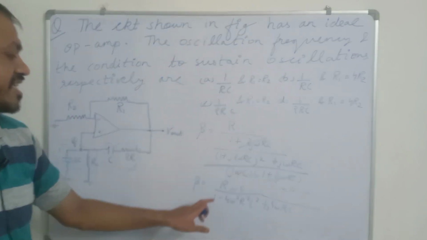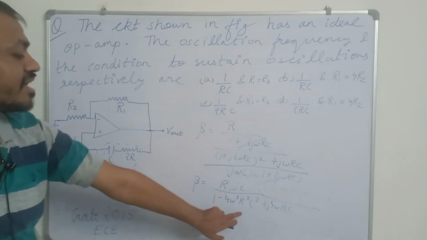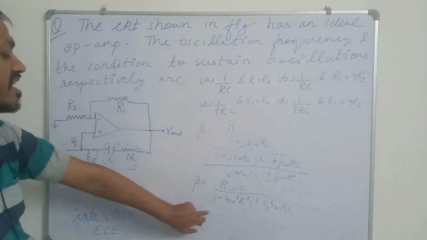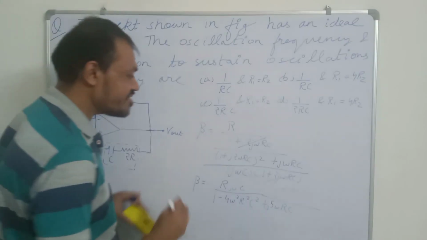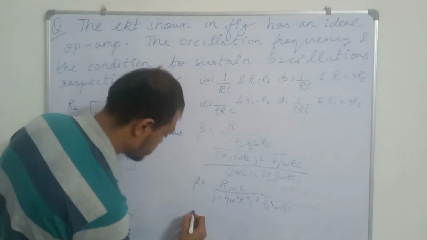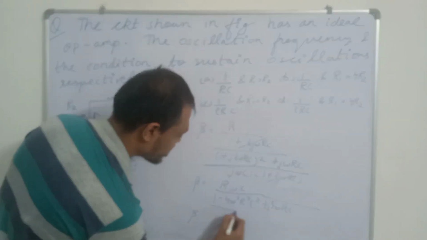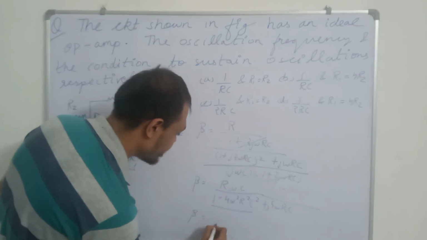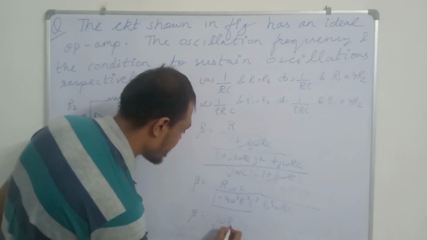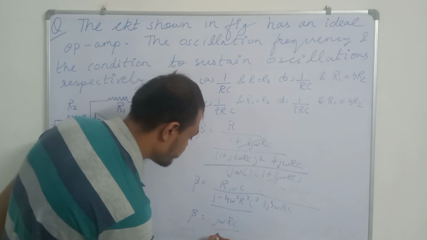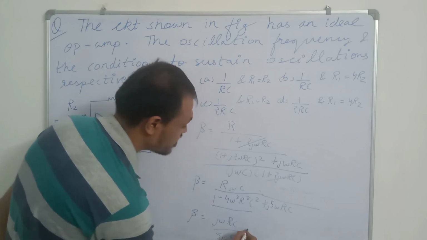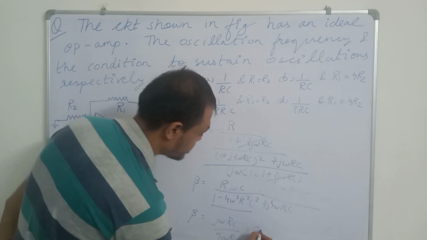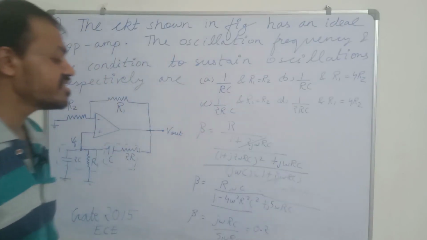Now for this beta to be a real value, this 1 minus 4 omega square R square C square has to be 0. When this term becomes 0, beta becomes real, because it will become j omega RC upon 5j omega RC. So beta will be equal to 0.2.